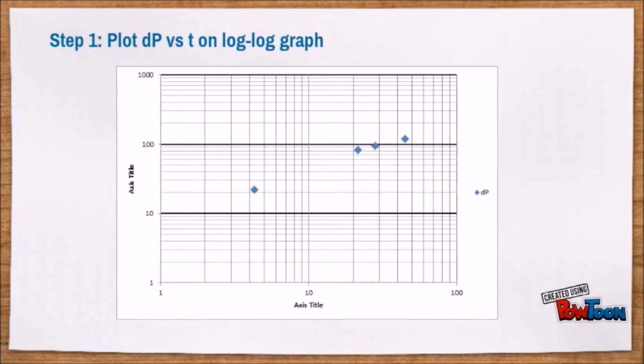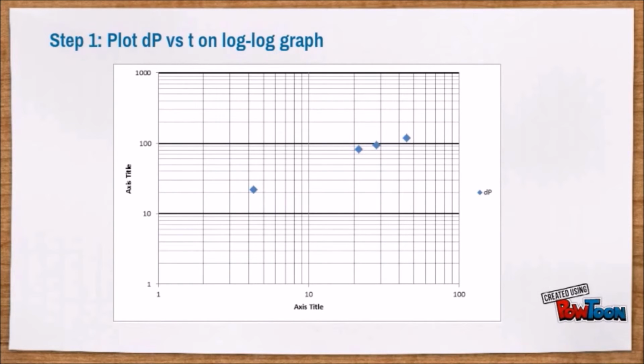So let's do this. Step 1, we plot the dp versus t on a log graph as explained earlier, and from the data which are given, this is what I got for my plot.